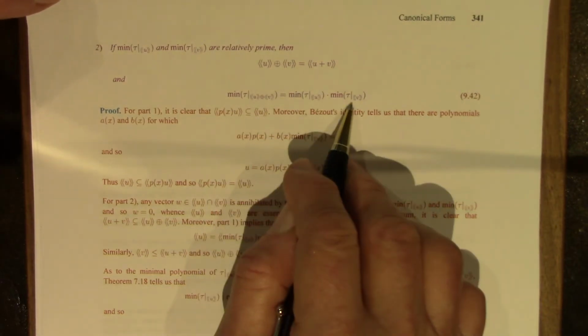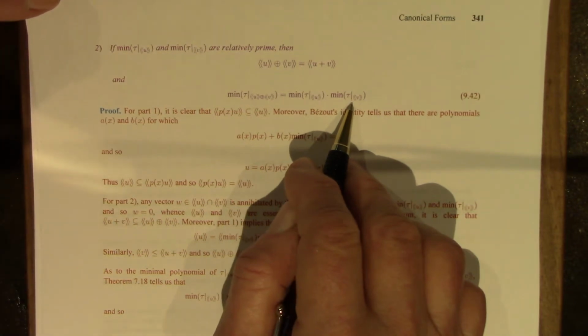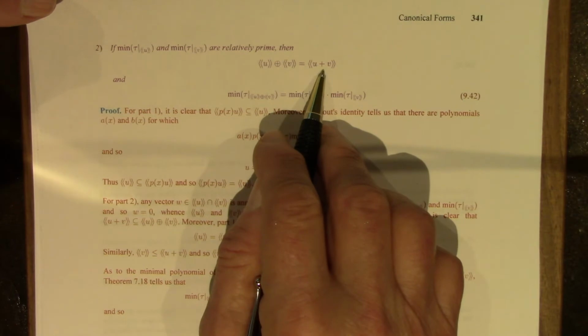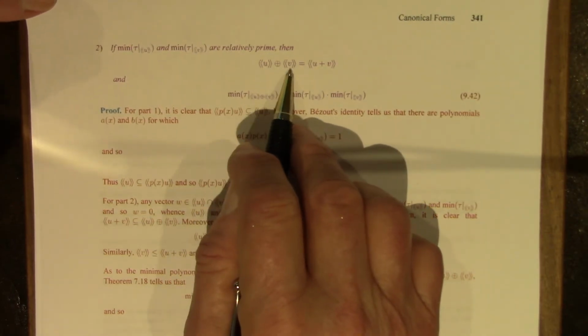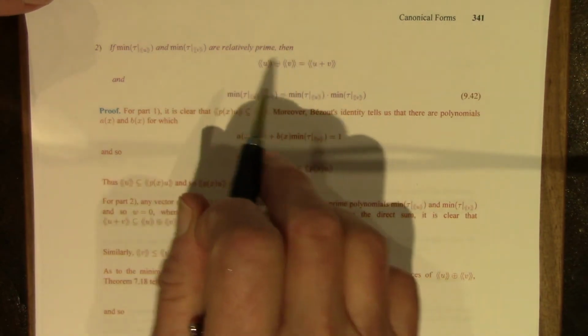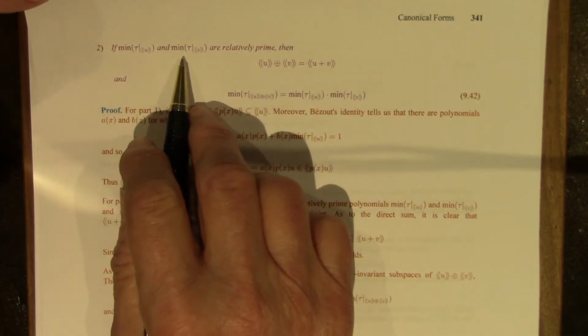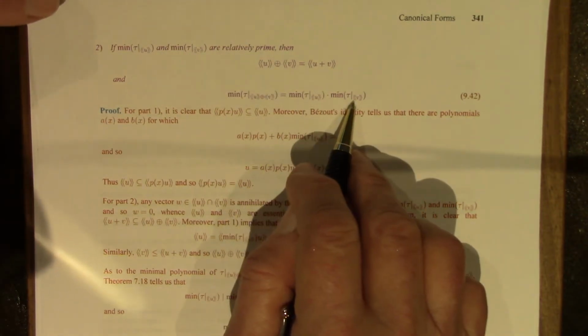You can see here how we're potentially losing the primariness of the summands when we do this combination. These two have relatively prime minimal polynomials, therefore they're not powers of the same prime, and so this will involve two different primes.